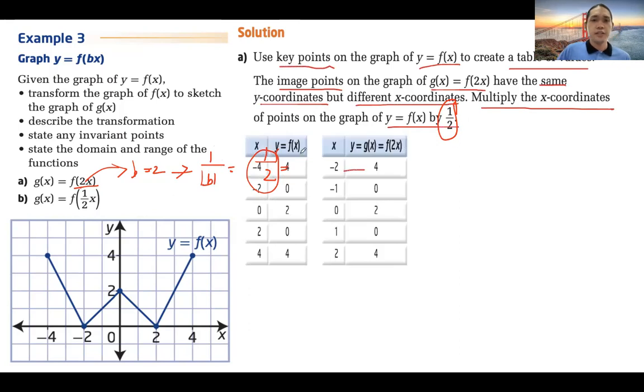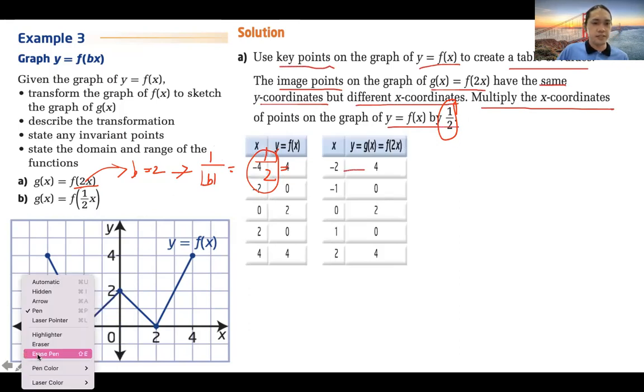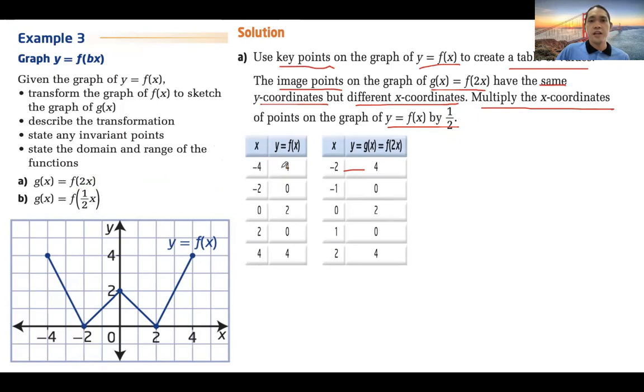Sorry, I'll just erase this one. It's messing up in here. As you can see, again, we are talking about multiplying your x coordinates by 1/2. From -4, multiplied by 1/2, it gives you -2.